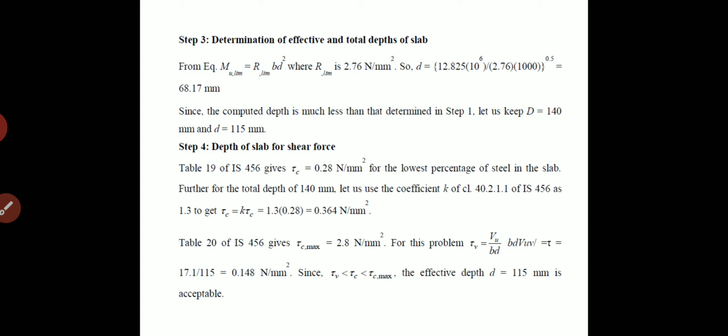Since this is the relation, tau v is less than tau c and tau c is less than tau c maximum, the effective depth small d equal to 115 mm is acceptable.